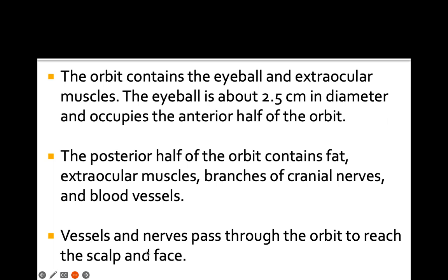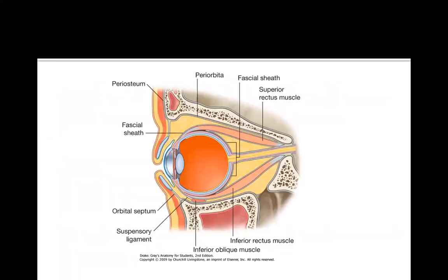So that means that the orbit is so important because some of these blood vessels that actually supply the scalp and then the face will pass through those apertures, okay? So this is just for emphasis because we've seen that already.